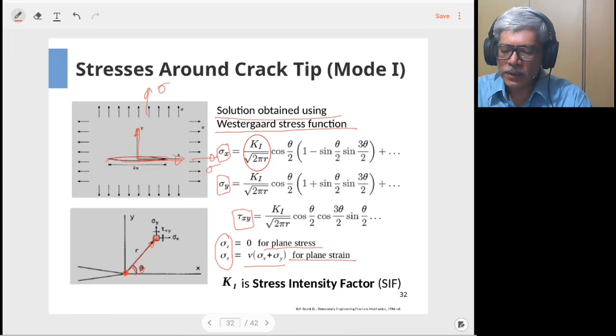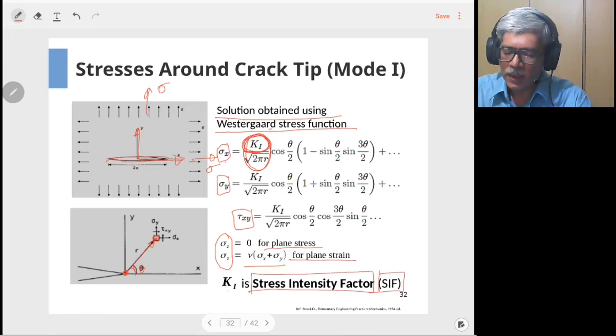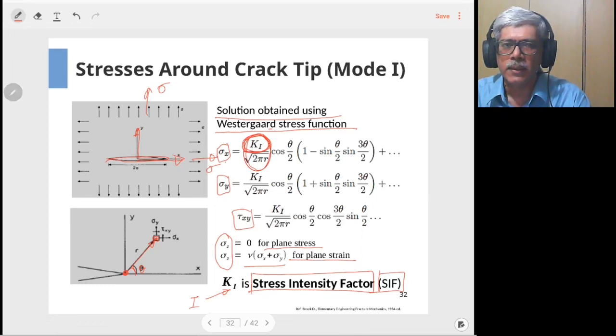If you notice this equation, for example sigma x, it includes a term which is K1 divided by under root 2 pi r. So this K1 is a new quantity that you observe here. The K1 is known as the stress intensity factor, or in short SIF. The subscript Roman 1 indicates the mode of fracture that it deals with.